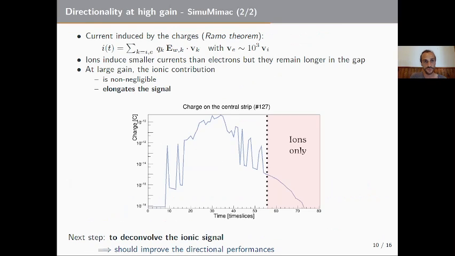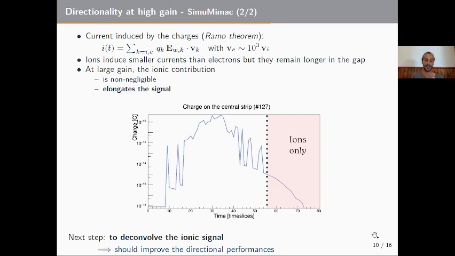Because, as you know, the signal induced by a moving charge is proportional to its velocity. If you look at this plot, a result from MIMAC, you have the charge induced on the anode versus time. You see the peaks coming from the electrons that are pretty intense because they are fast. But you also see a baseline here that is due to the moving ions.